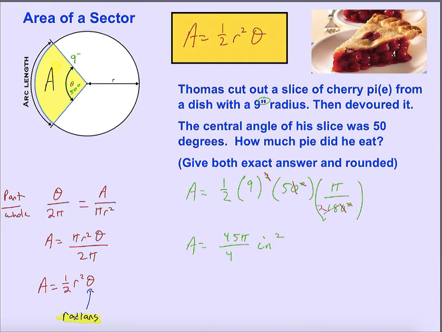If you put the little inch symbol here, because the radius was actually 9 inches, not just 9. Well, remember, we are squaring that. So it looks like we canceled out the square, but that was just from squaring the 9. We're still squaring the inches, and that's where the square inches comes from. And that is the area of pie that he ate.